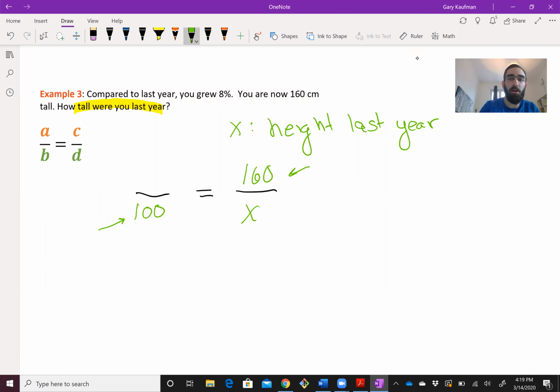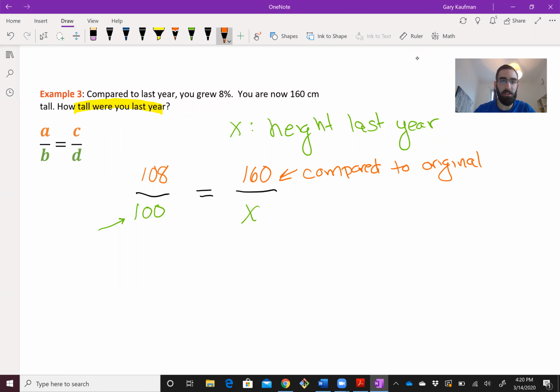So this is where we are. I'm going to make sure I color code this. This is where we are compared to original. We don't know the original. That's always our comparison to our original. Now we grew 8%. Well, growing 8% from 100% means we're at 108% because we grow 8.